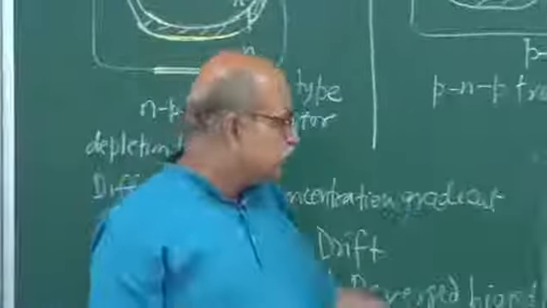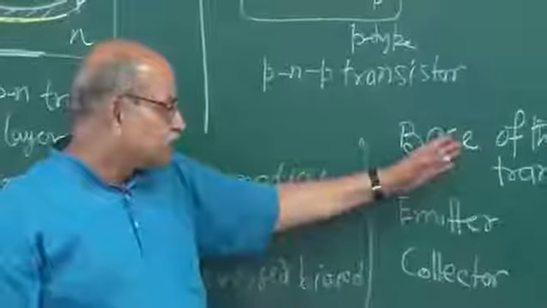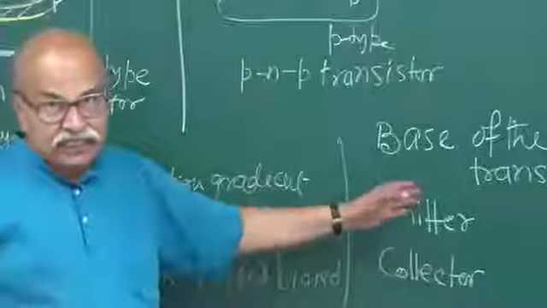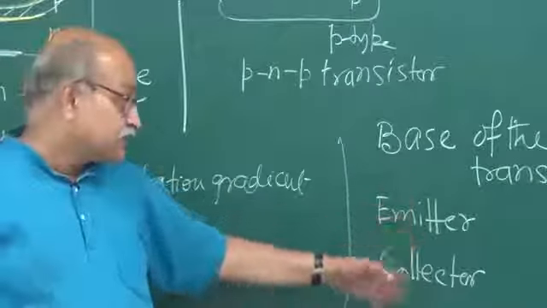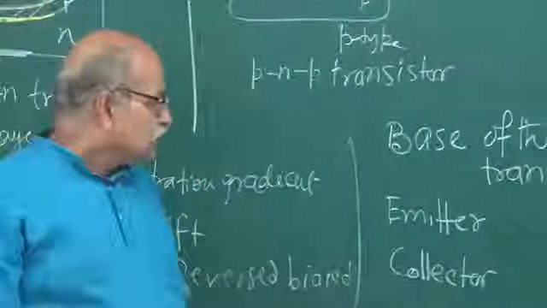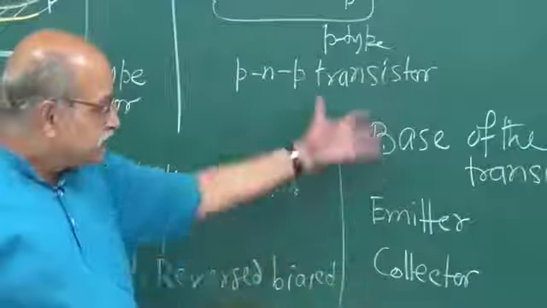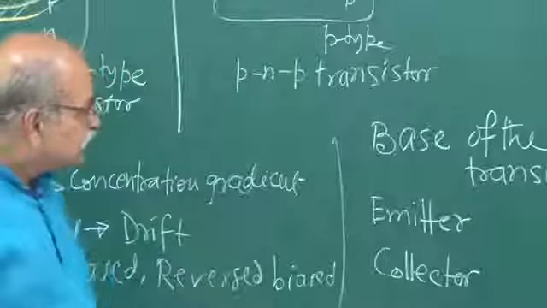What is the difference between these three? This is of course sandwiched, but the other two are on the two sides and of the same kind, n-type, but there is still a difference. Three things are there, and each will have different characteristics.